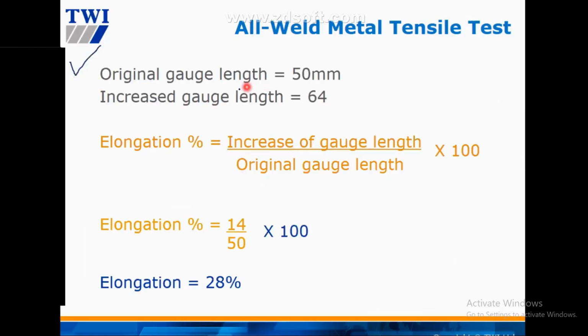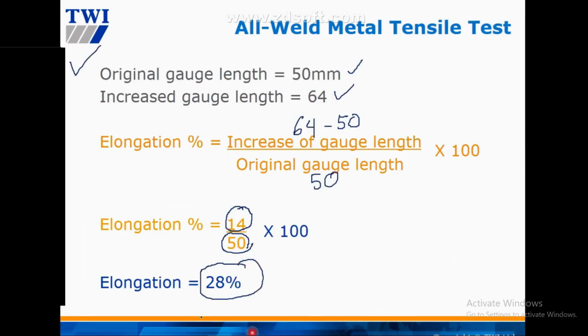Right. So here, for example, gauge length 50, increased gauge 64. So what you're going to do? 64 minus 50, then you got 14. So that is what you got, 14 here. And the original gauge length is 50. So that is what you got here. Times 100 in order to get percentage, then you got 28%. You must memorize a bit how to do the calculation for elongation. They will ask you, okay?